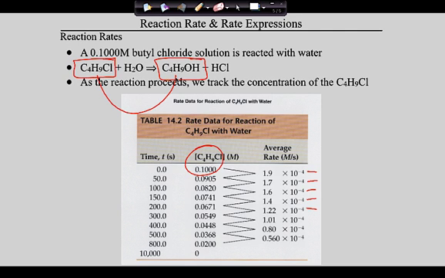Why is it that those rates are equal? Yeah, it balances with all ones. So guys, for every one of these that gets consumed, one of these gets created. Because this balances with all ones, the rate of consumption is equal to the rate of creation.